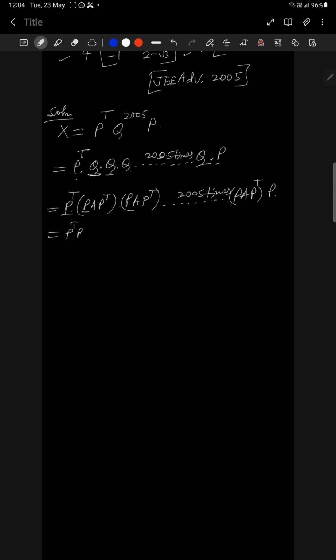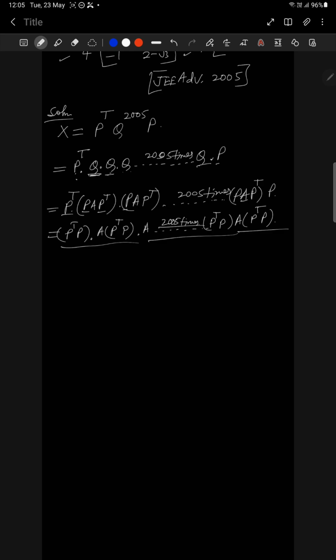P transpose P, then A, then P transpose P, then A, and in the same way P transpose P, and then A, and lastly we have P transpose P. And how many times does this whole thing occur? This will occur 2005 times.